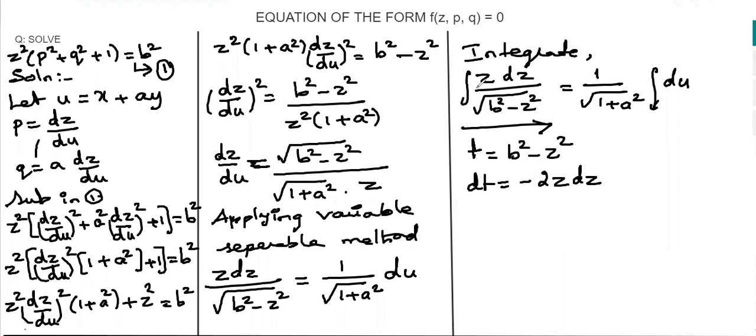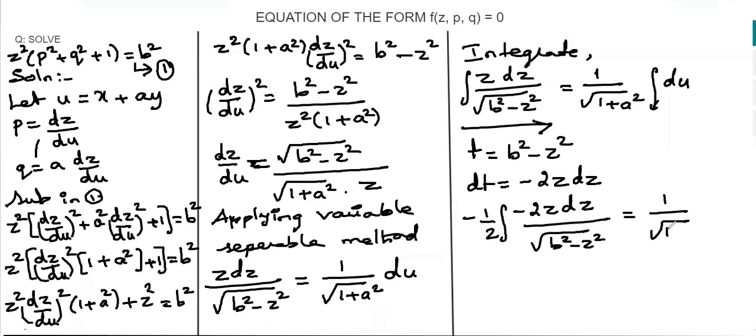From this, see, the numerator z dz is there, negative 2 is missing. So I can write negative 1 over 2 outside the integral: negative 1 over 2 times integral of negative 2z dz over square root of b square minus z square equals 1 by root 1 plus a square integral du. What I did here: whatever term is missing, compare with the numerator z dz, I have to get this minus 2z dz, in which place only I can apply dt.